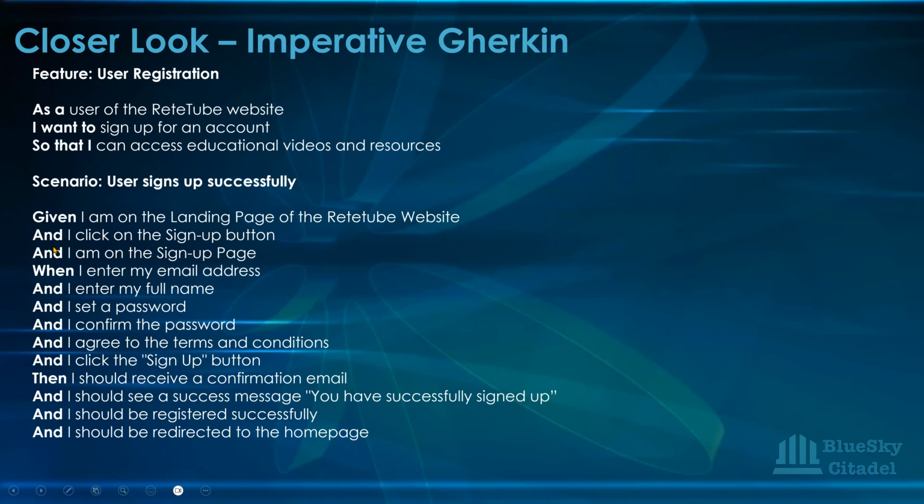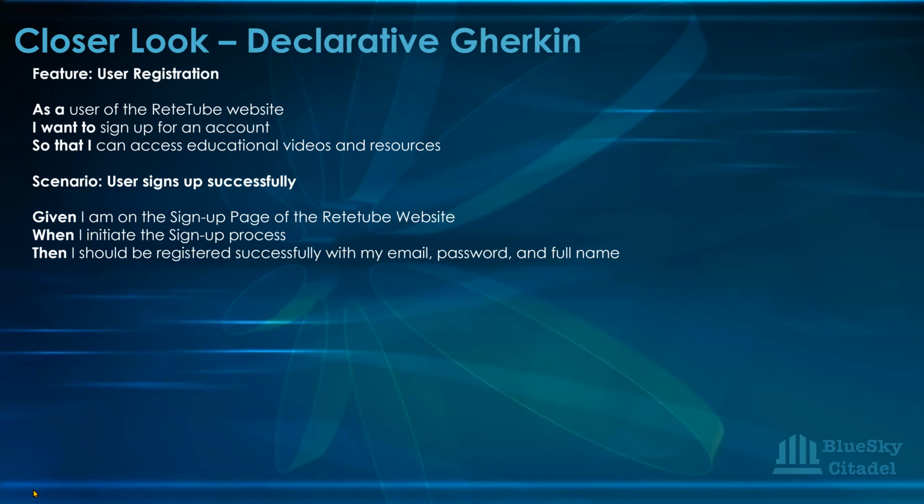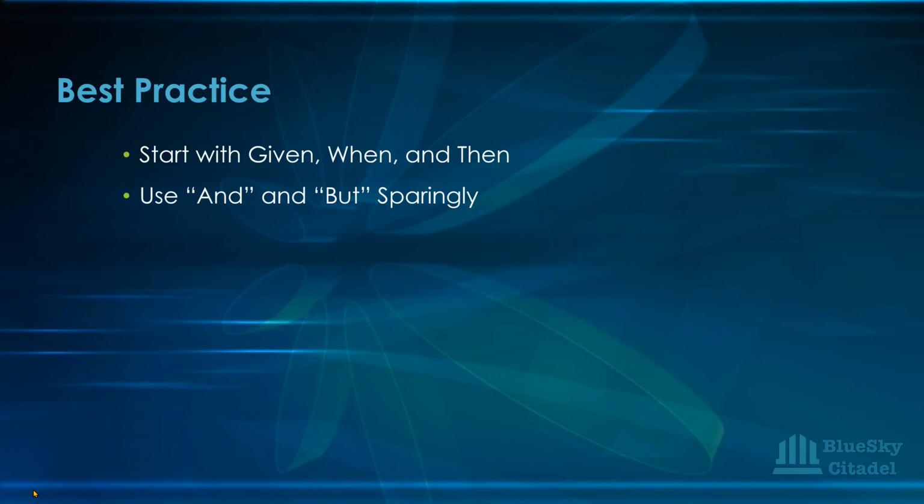All of this still means giving, but I'm just saying and to avoid reiteration and avoid me using the same word over and over again. So just going back to my slide that says, start with given, when, then to specify the outcome.